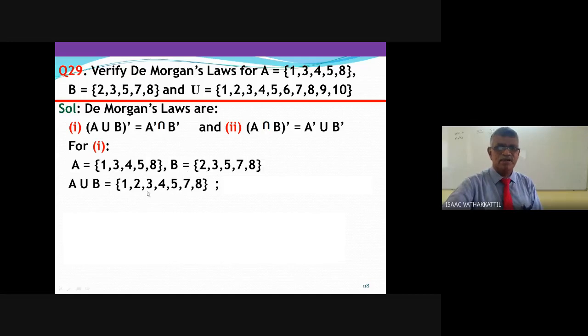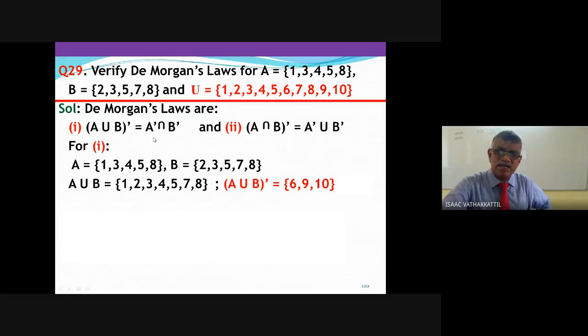It will be 6, 9, 10. Am I right? A union B dash will be simply 6, 9, 10, because the universal set is here and A union B is here. I got the left side of the first one, A union B dash.